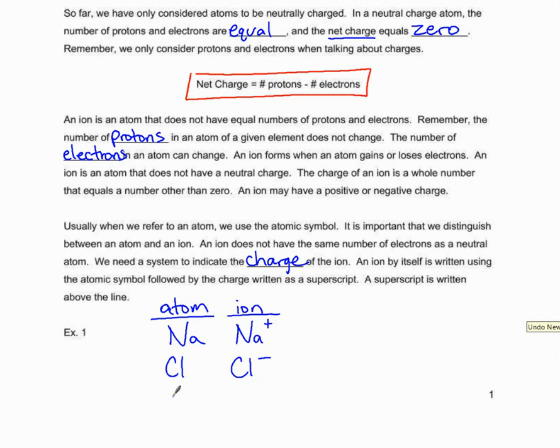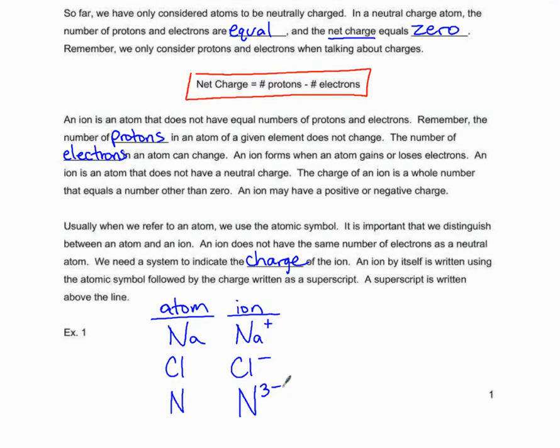There are some other instances, so let's look at nitrogen, for example. This is its atomic symbol for the atom. This is the symbol for the ion. And it says N3-. So this is nitrogen, and it has a -3 charge. And it's just a common thing when we talk about charges that the number comes first, and then the sign comes after it.